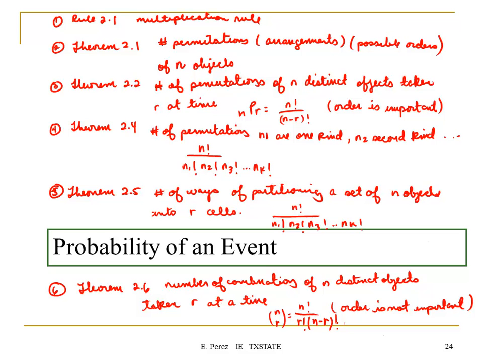Would you expect this one to have more outcomes than this one? Yes or no? And if the answer is yes, tell me why. The answer is yes. If you take into account the order, then you're going to have more combinations because A, B is not the same as B, A. When you take into account the order, you need to count those two as separate combinations. But when the order is not important, that counts as just one. Okay?